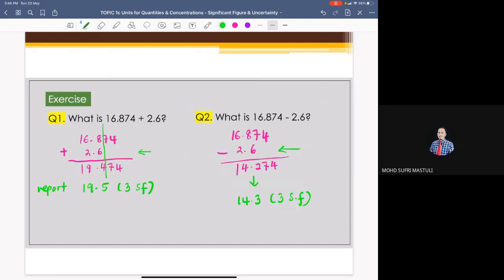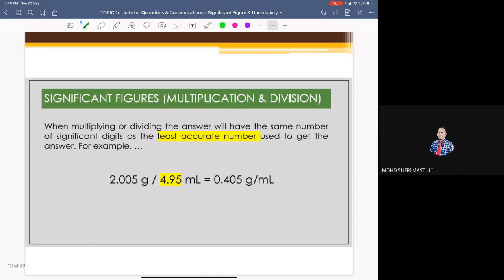I hope you can understand how we consider significant figures during addition and subtraction. Okay, significant figures for multiplication and division.